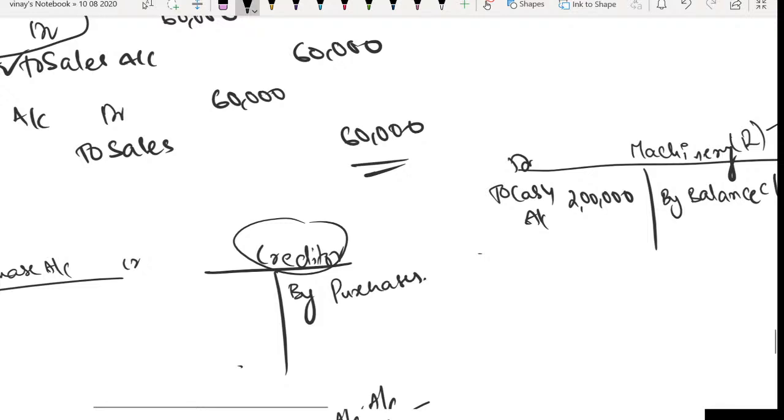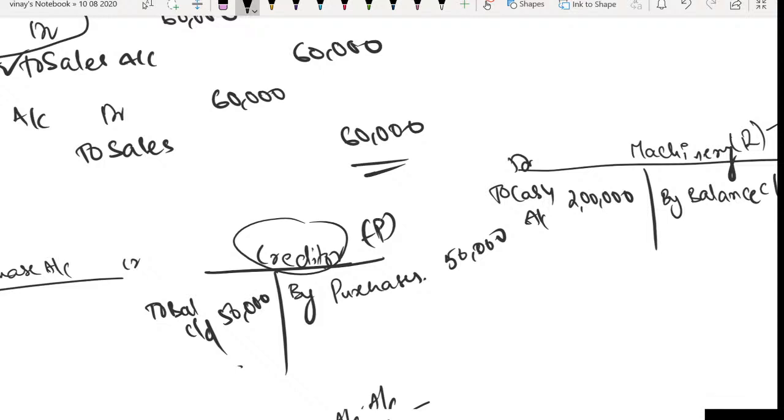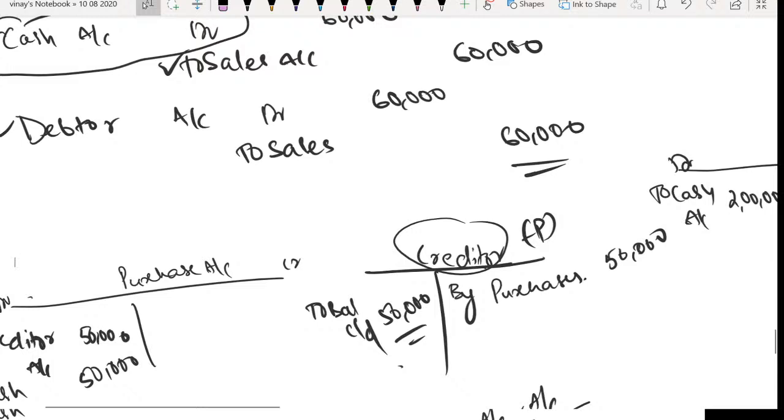So by purchases here it will be 50,000. This creditor is a personal account, so I will write to balance carry down 50,000. As I already told you, the personal accounts and real accounts should be balanced and carried forward.